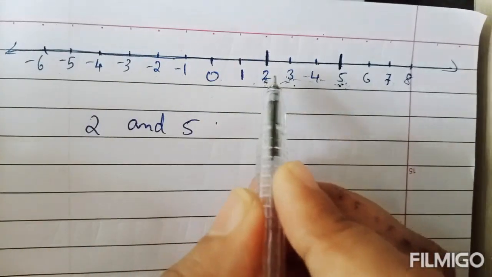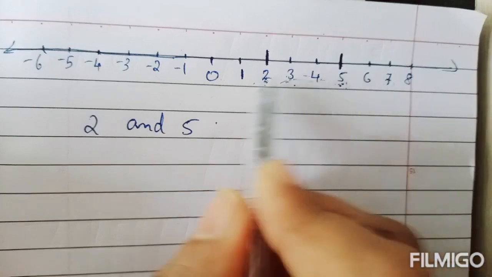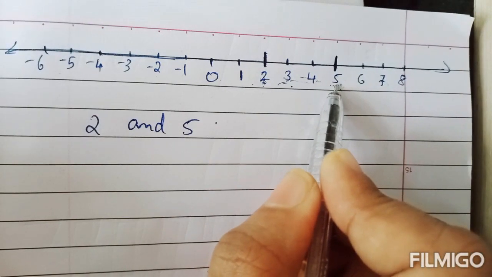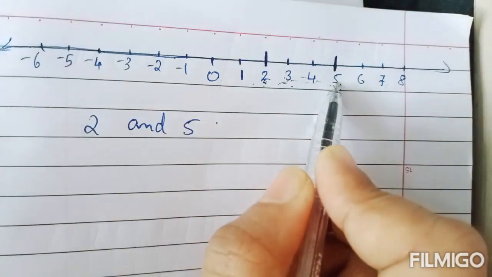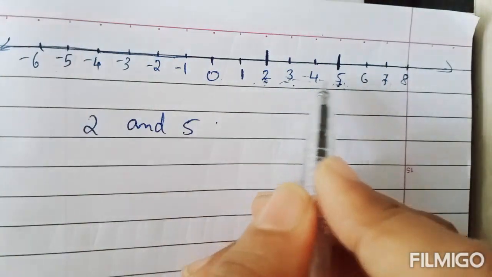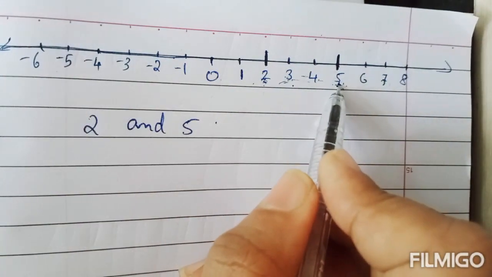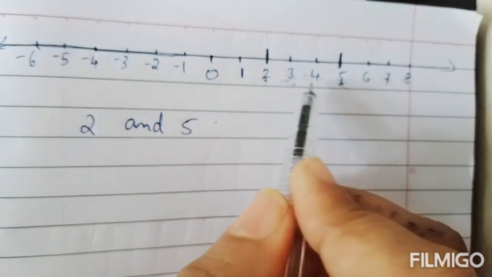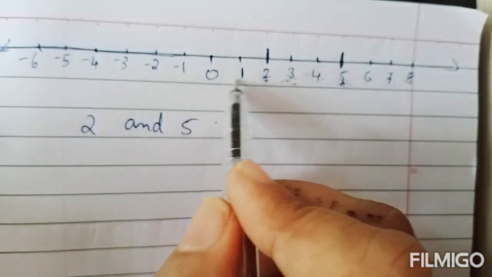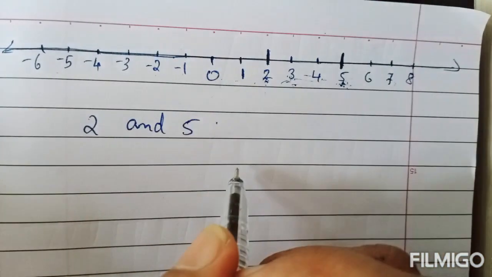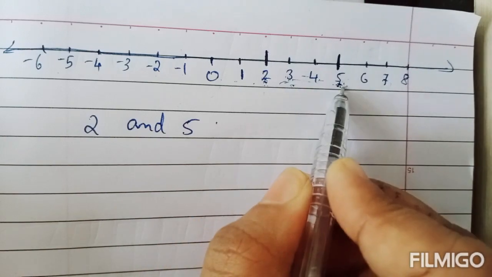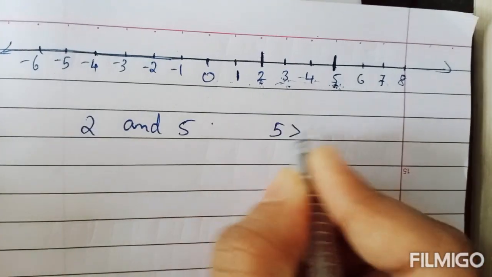Now here 5 and 2 we are taking. Number 5 lies on the right of 2, and we know that the integers on the right side are greater than the integers on the left side. So 5 is greater than 2.